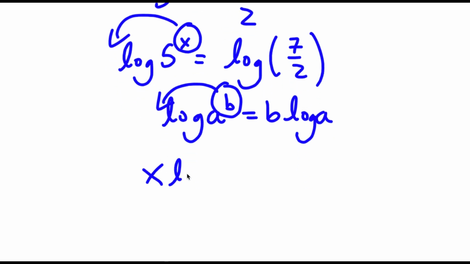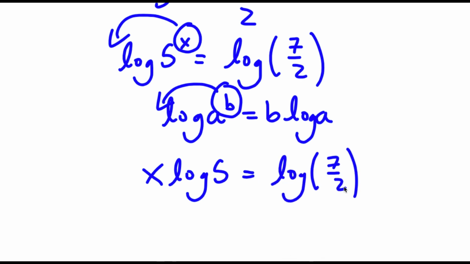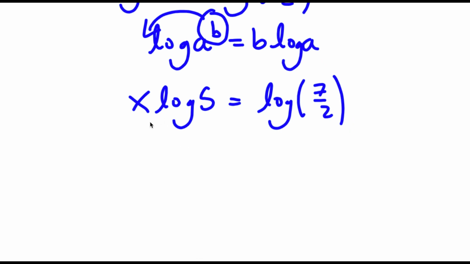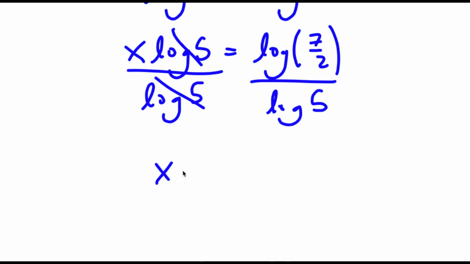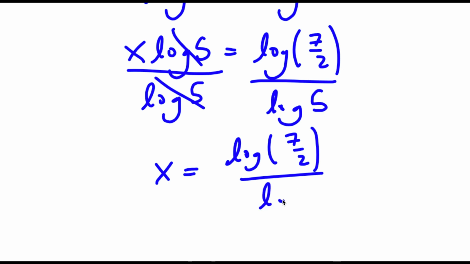So now I have x times log 5 is equal to log 7 over 2. Now I'm going to divide both sides by log 5. These two cancel out, and I get x is equal to log 7 over 2 over log 5.